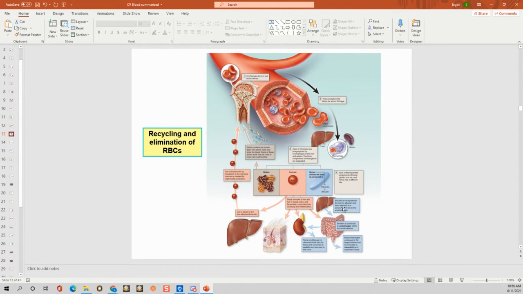Why? Because that baby is right in the process of converting mom's red blood cells and producing their own red blood cells. So those newly born babies are breaking mom's red blood cells down and producing their own red blood cells, but they're doing it so fast that they can't eliminate all the bilirubin fast enough.